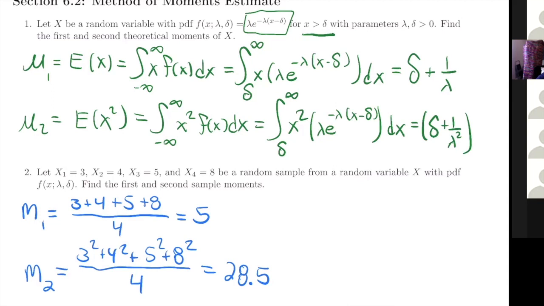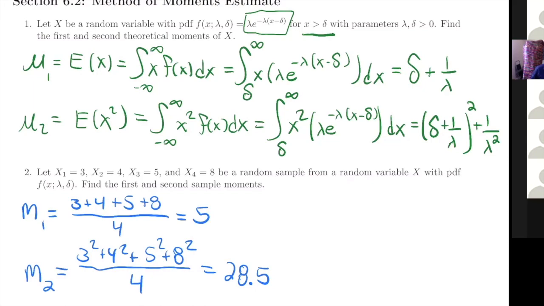It looks like this. Okay, and hopefully all of those things are lambdas. There are no more x's over here. So this is a lambda, this is a lambda, that's a lambda. After we've integrated and evaluated the integral, there should be no more x's.